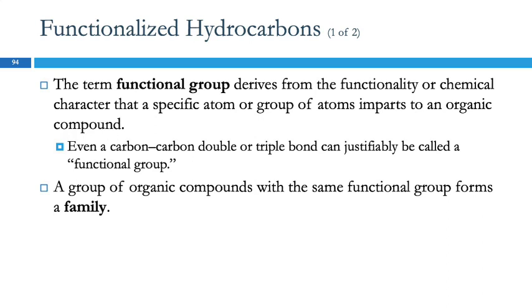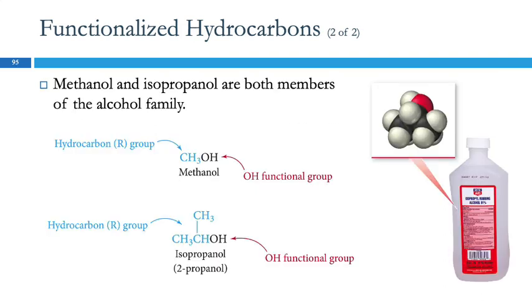Functional groups are things that make it a little bit different. You could consider double and triple bonds to be a functional group, but the compounds containing the same functional group are going to belong to a family. So methanol and isopropanol are members of the alcohol family. They both have the alcohol OH functional group on them.